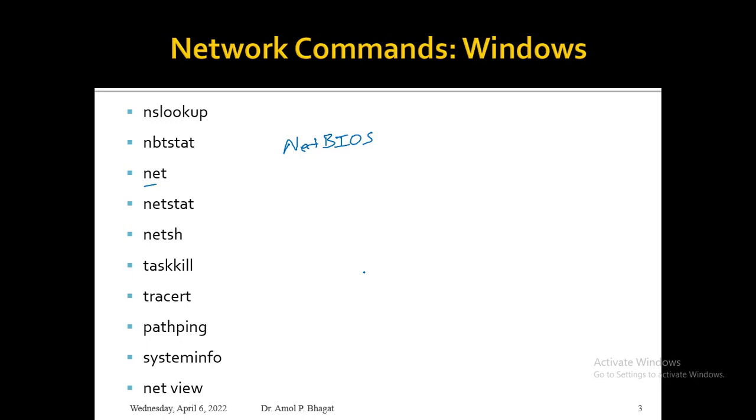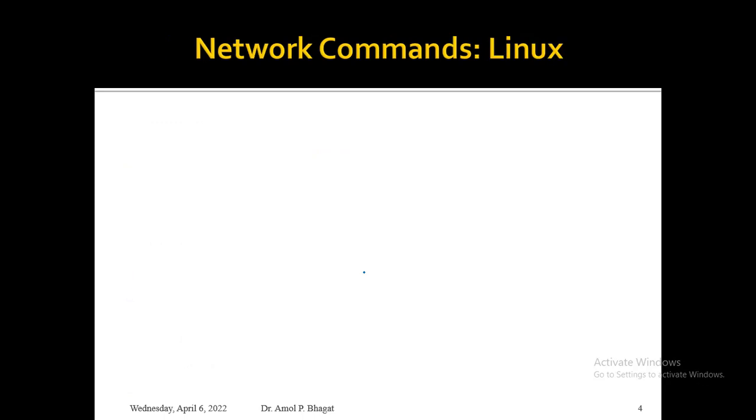Frequently these commands can be used on the Windows platform. On Linux there are different commands, so I will be just showing the list of those commands. You can try them on the Linux operating system through the terminal window. Similar sorts of commands are also available on the Mac operating system, so you can explore those commands as well.